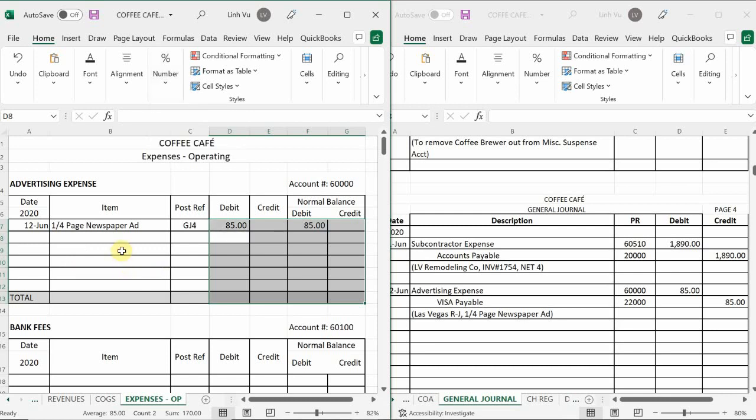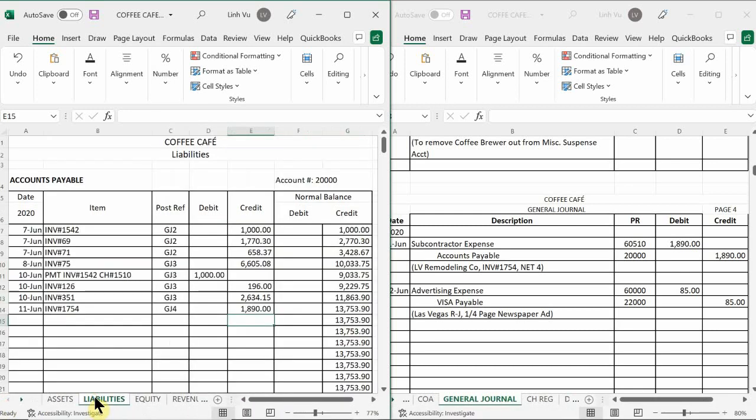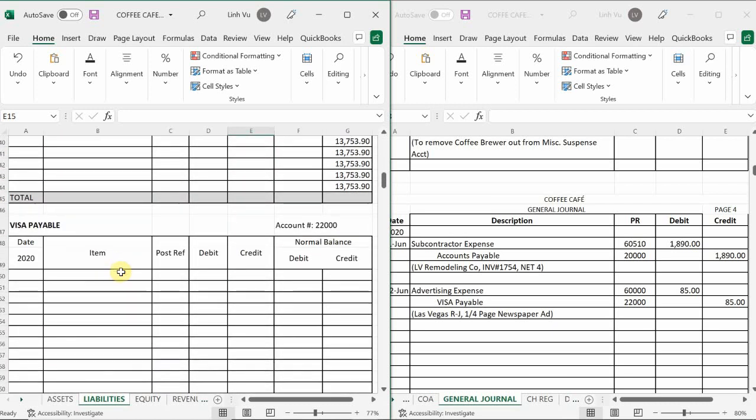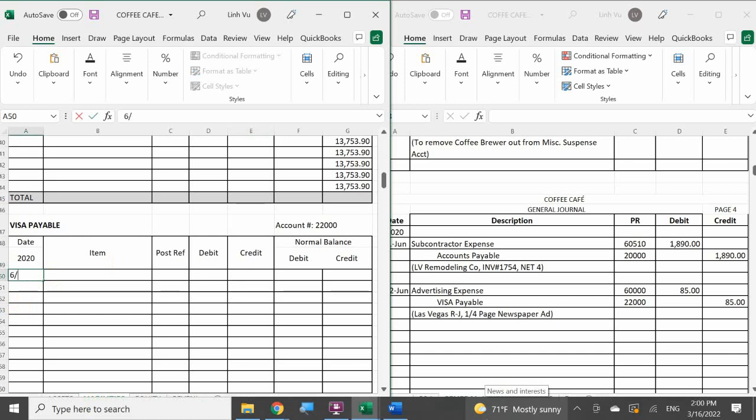And of course, because I used my credit card, I had to tap into a new liability account. Here it is, Visa payable. So our very first transaction that we used on our credit card was number 1, that I bought a quarter of a page newspaper ad.